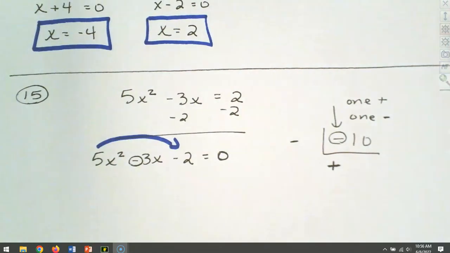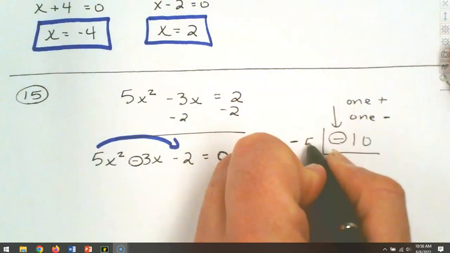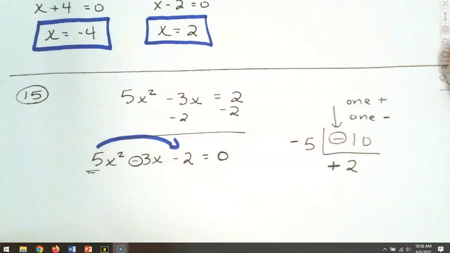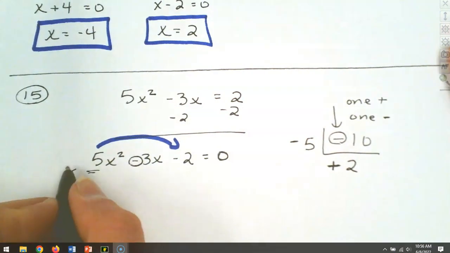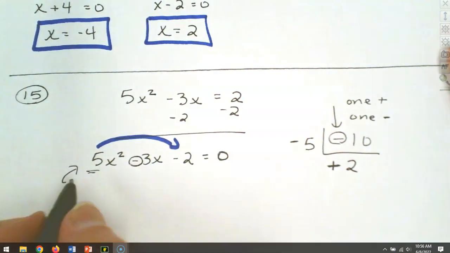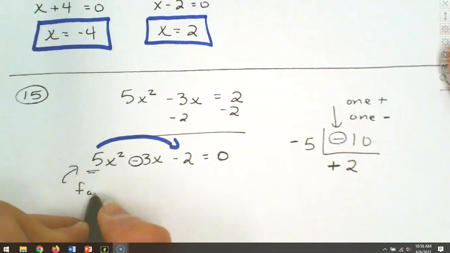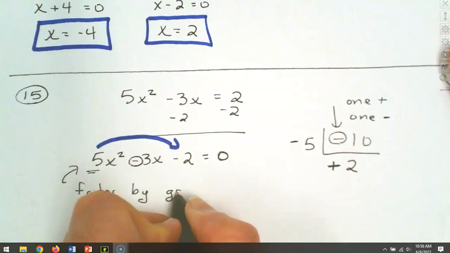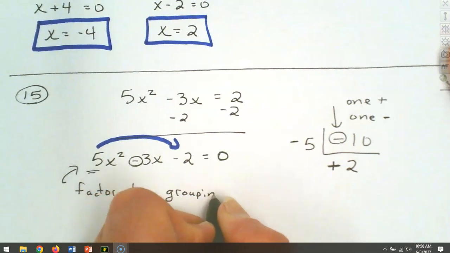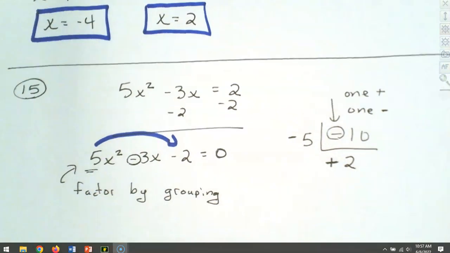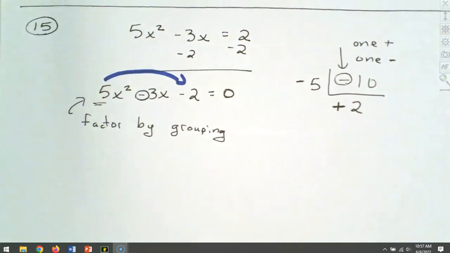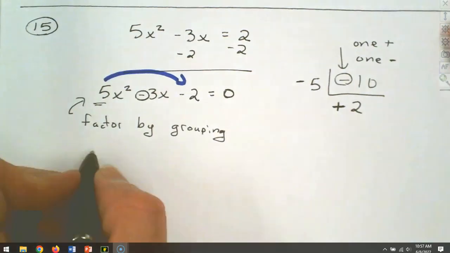Okay, now, this right here tells me that it is going to have to be factored by grouping. If it was a 1, it would be much easier, because then we could just jump to our answer. So because of that 5, we're going to have to factor it by grouping.